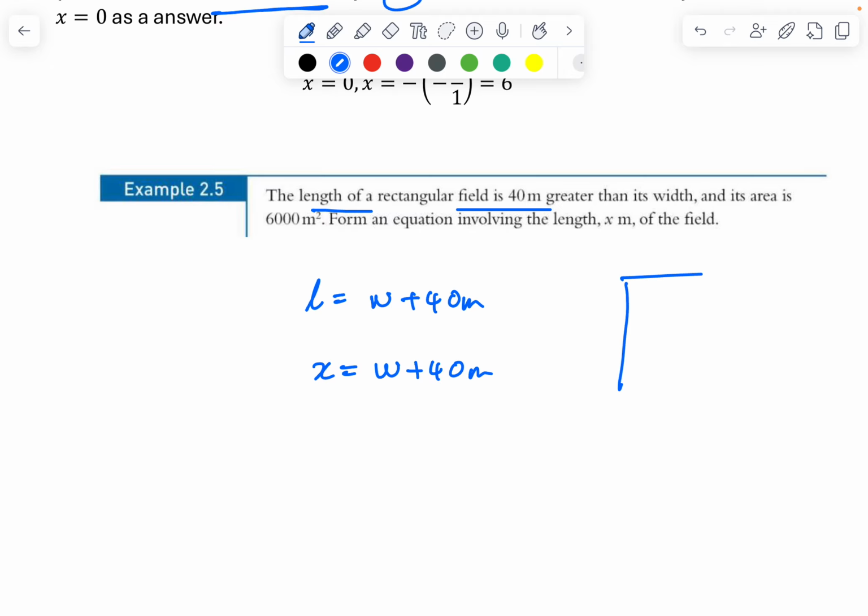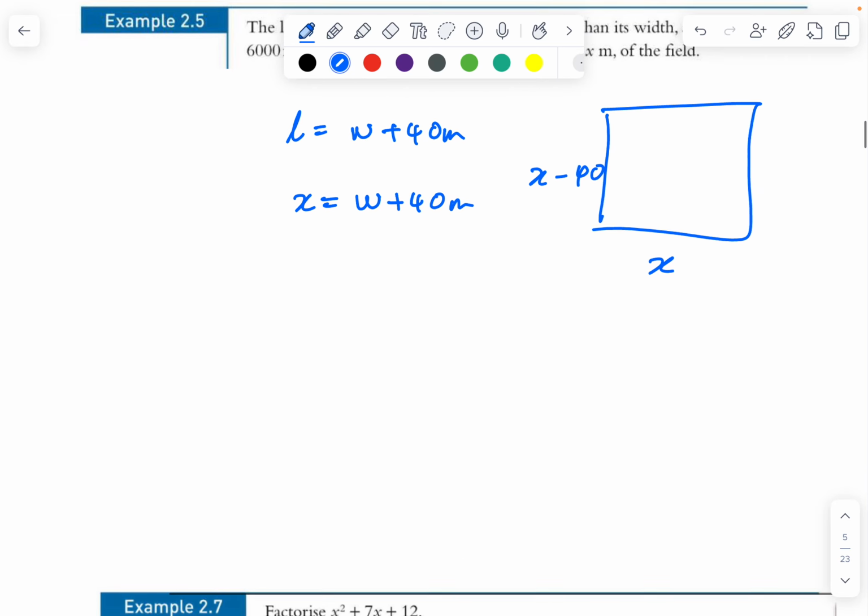So we can construct our rectangle. This will be x, and this is x minus 40. Let's just call it that.